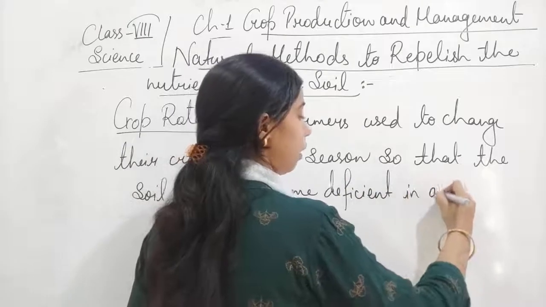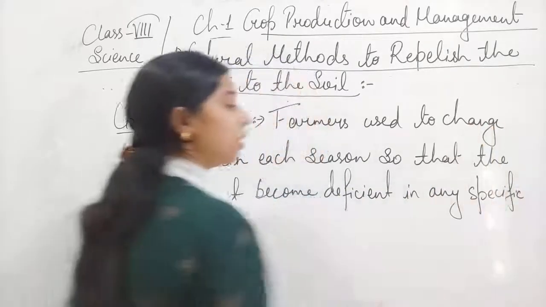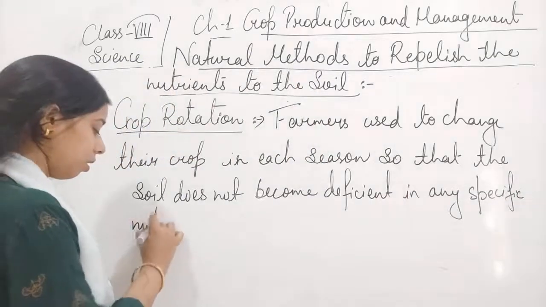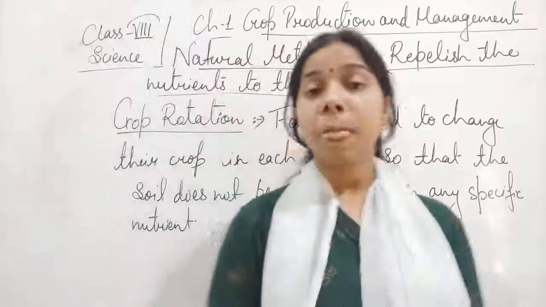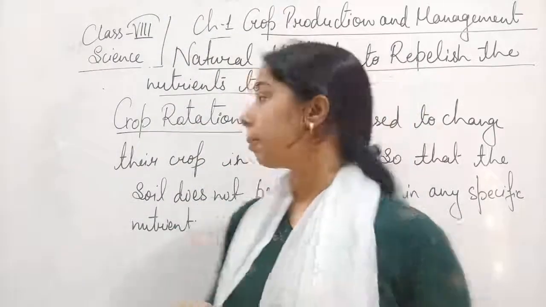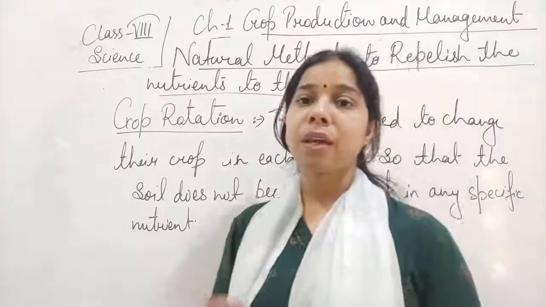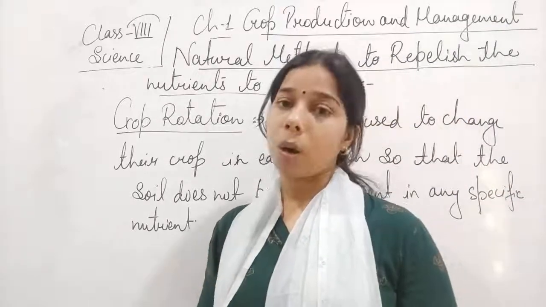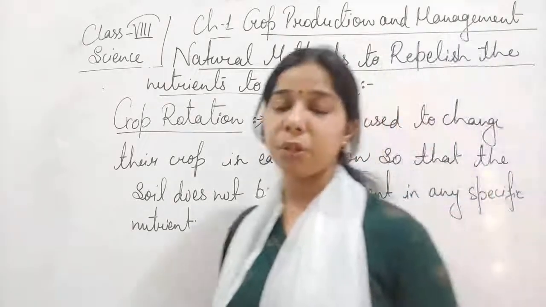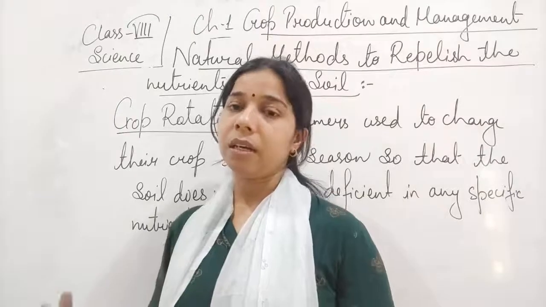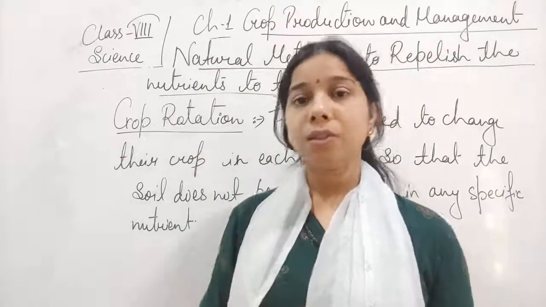So basically the farmer changes the crop every season, so that if the soil becomes deficient in any nutrient, it can easily be replenished by the next season's crop.